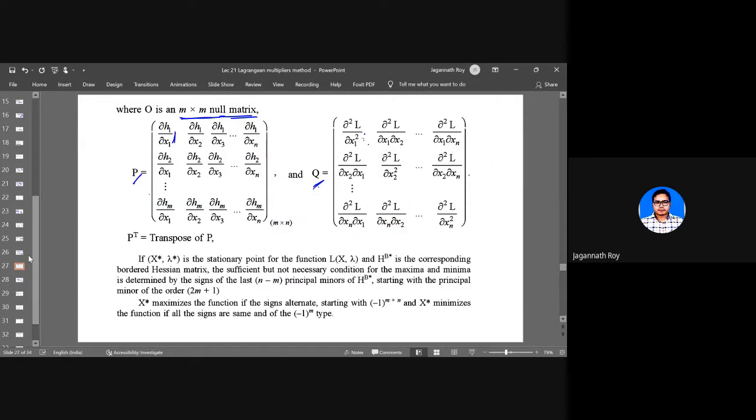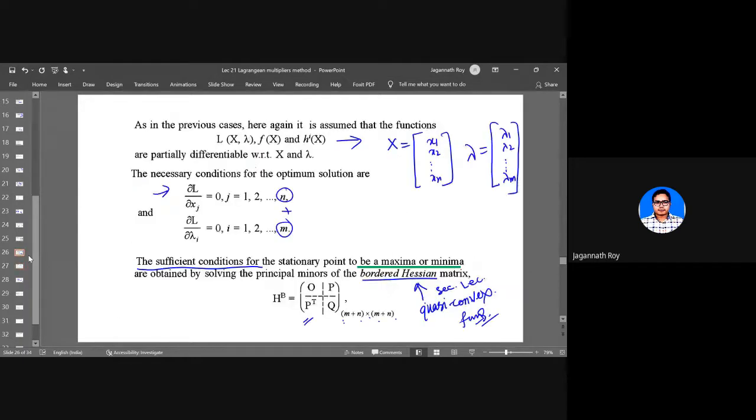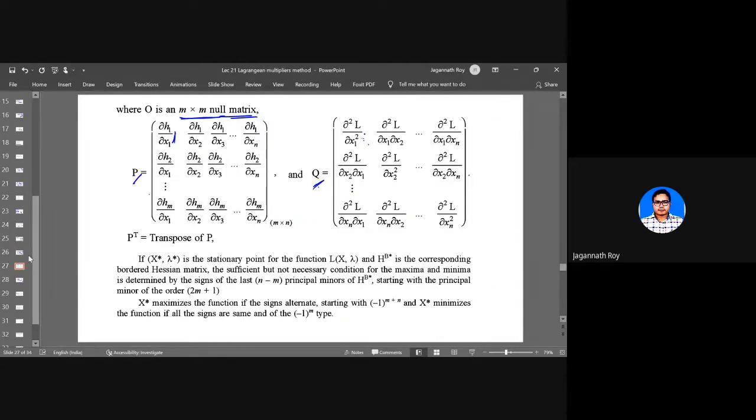Now, once we set the necessary conditions equal to 0 and satisfy them, we will find the values of x star and lambda star. After finding these, what do we have to do? This is very important. We need to determine the signs of the last n minus m. Remember, there we had n minus 1 because only one constraint was there.